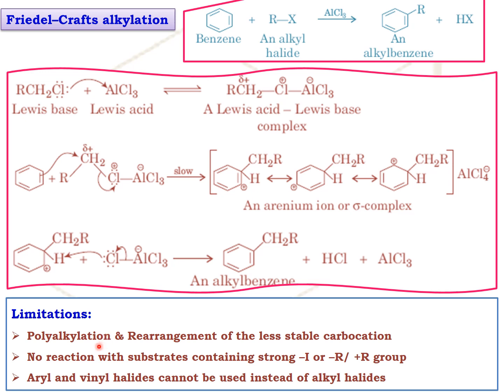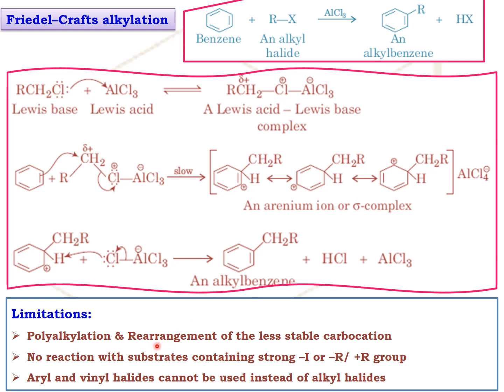But in case of an alkyl benzene, the product formed is found to be more prone to alkylation than the normal benzene. Hence, polyalkylation can occur. This is one of the limitations.